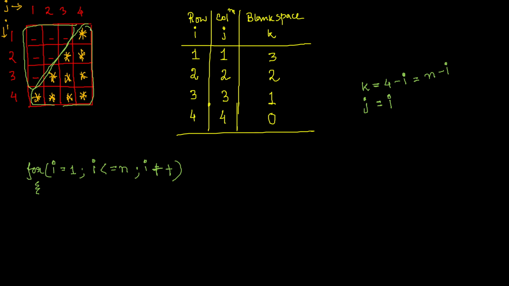That's why when you write the corresponding code under a particular row I, you have to write the loop for blank space first, that is K, and I can write K equal to 1, K less than equal to n minus I, K plus plus. And here what I will do, I will print blank space. That means I will basically print nothing. I will print something like this. That's all. It represents there is a blank space.